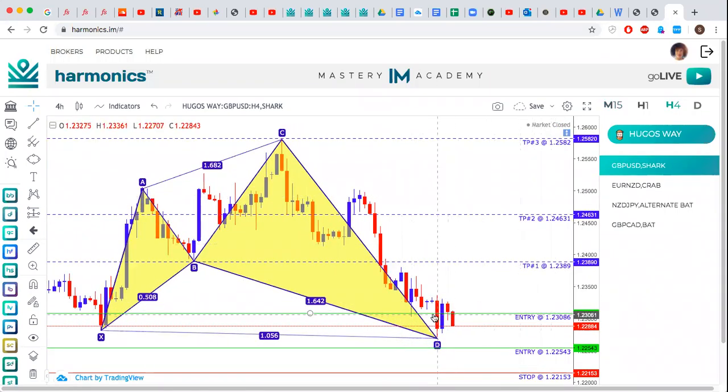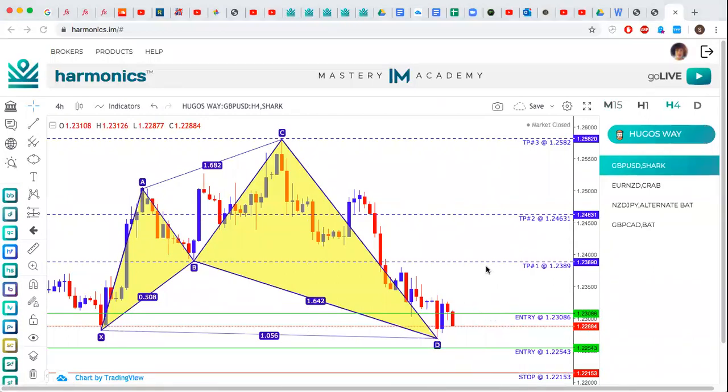This one is still playing around in the entry zone. Like what I mentioned before, it has an entry zone. So it could possibly go down to that other entry and then go up. That's why I say, especially in the beginning when you're really new, I recommend sticking to those that only have one entry.